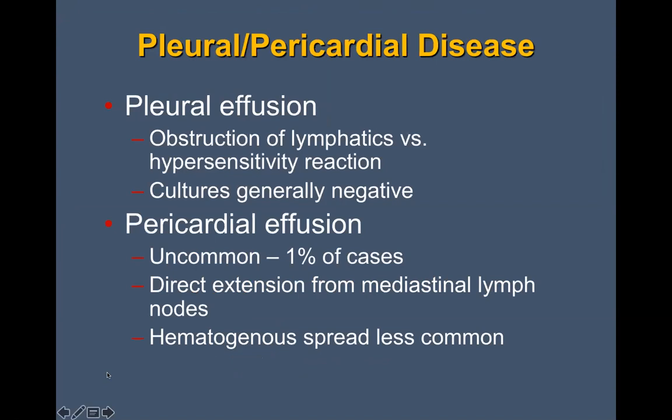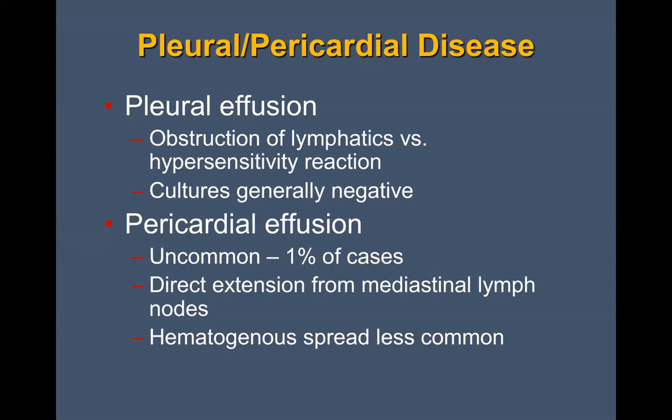Extension into the pleural and pericardial spaces is uncommon, particularly pericardial effusion, which we probably only see in 1% of our cases. Pleural effusions are a little more common, and they can occur either due to obstruction of the lymphatics or perhaps a secondary transudate that's related to a hypersensitivity reaction.